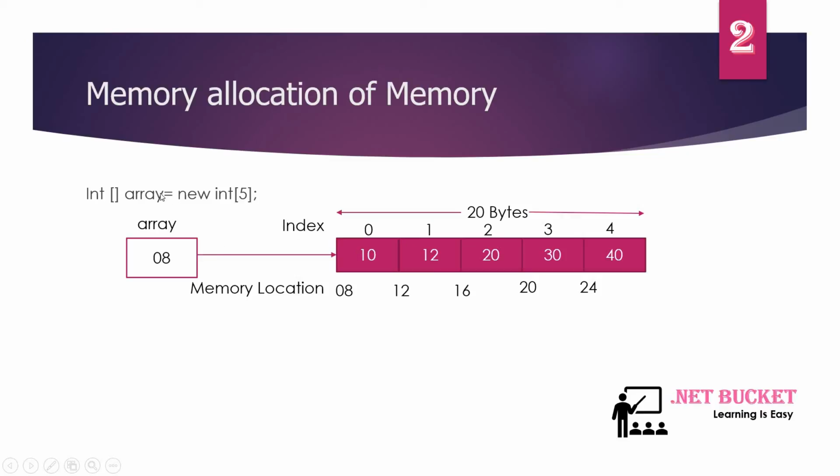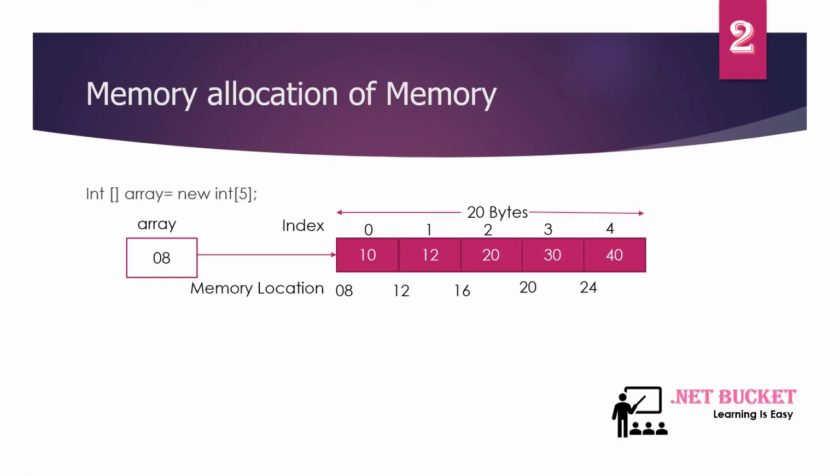Whatever array name you have created, it will store the initial memory allocation of your array, which is 8. So 8 will be stored here. So the array will always point to the starting memory location of your array.